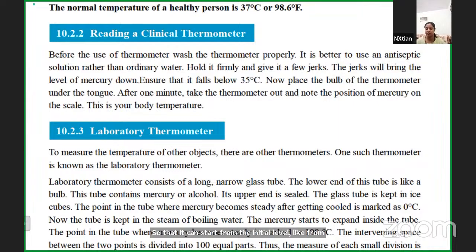Then we check that it falls below 35 degrees Celsius. Then we place the bulb under the tongue. After 1 minute, we take it out and note the position of the mercury on the scale to get the temperature of our body.